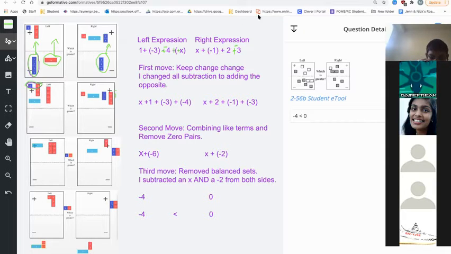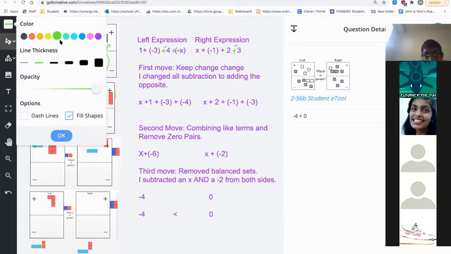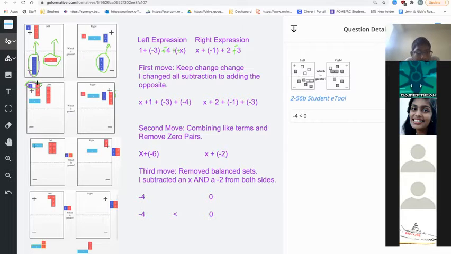And then for my 0 pairs, I'm going to switch to blue. I am going to circle these in blue, cross them out, circle my 0 pairs in blue, and cross them out. And then I'm going to show that here. That comes from the 1 and the -3 coming together, and they are left with -2.